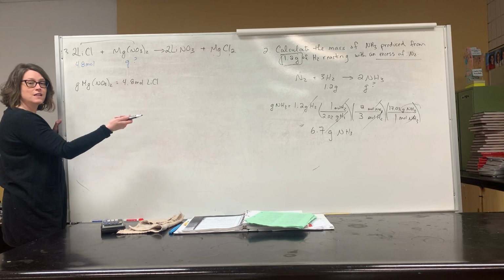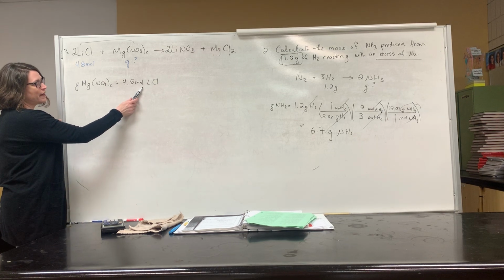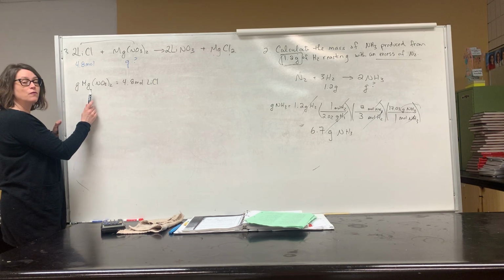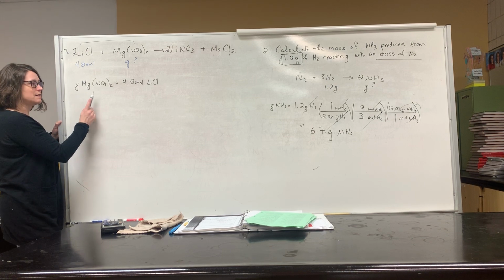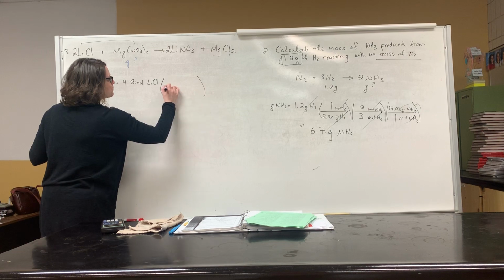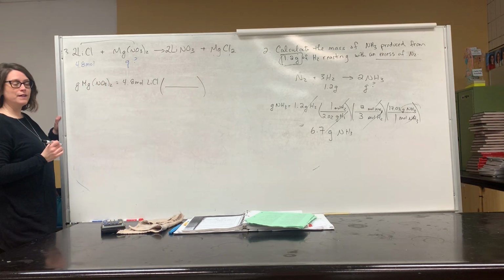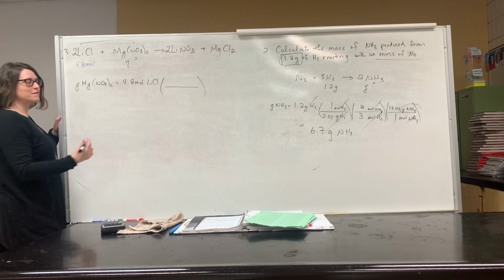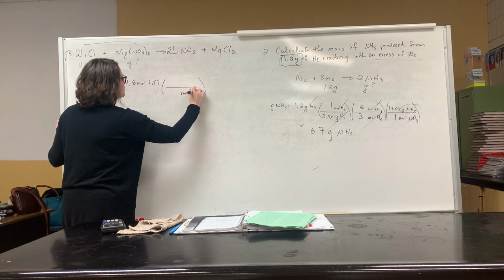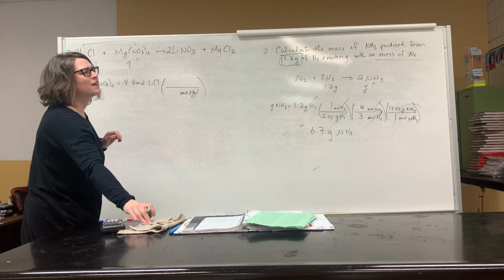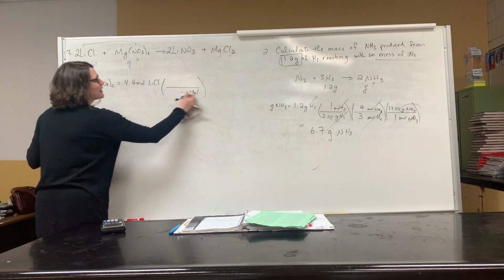So you can move on to the next step. This is in moles already, I want to get to grams of this, but before I can find the grams of magnesium nitrate, I must find the moles of magnesium nitrate. So, what unit goes on the bottom? Moles of magnesium nitrate. Oh, sorry, that was wrong. I did that on purpose just to see if you were paying attention.